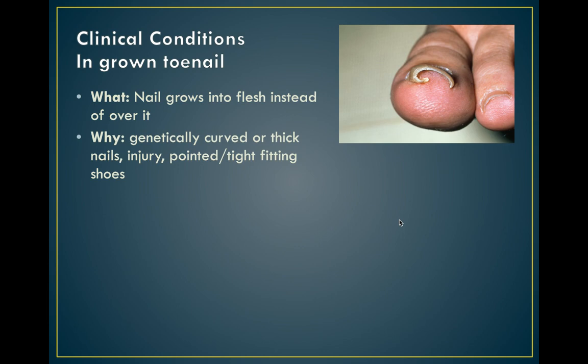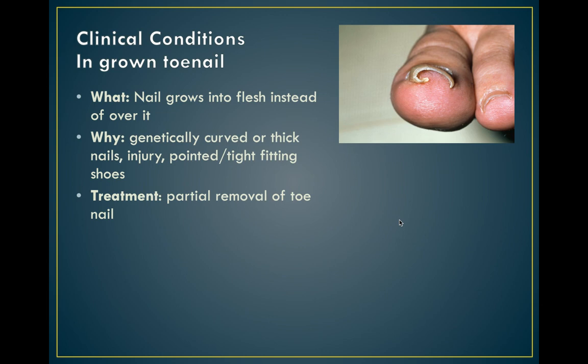More than likely, it's because of either injury or restriction, like pointed or tight fitting shoes. And that gives rise to why we see ingrown toenails more than ingrown fingernails, because we don't restrict our hands much. We don't have our hands in tight, controlled environments like we do our feet all the time in shoes.